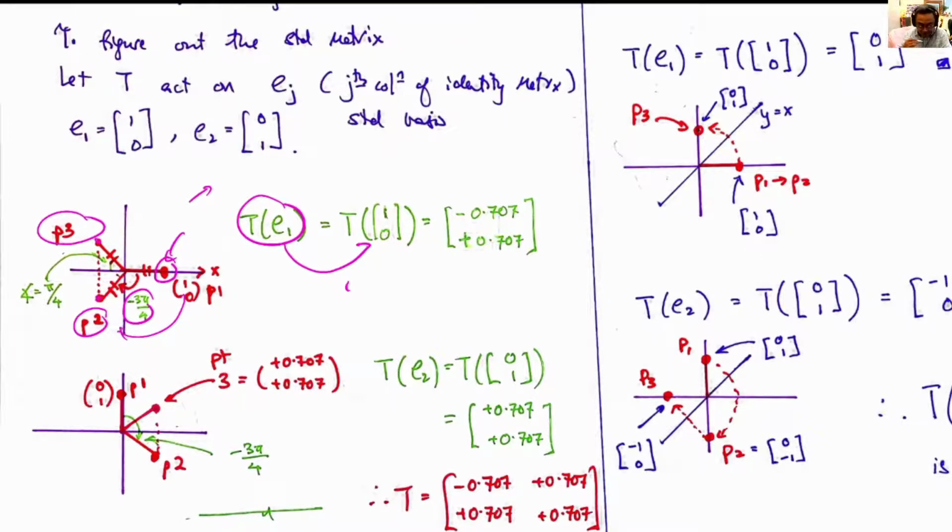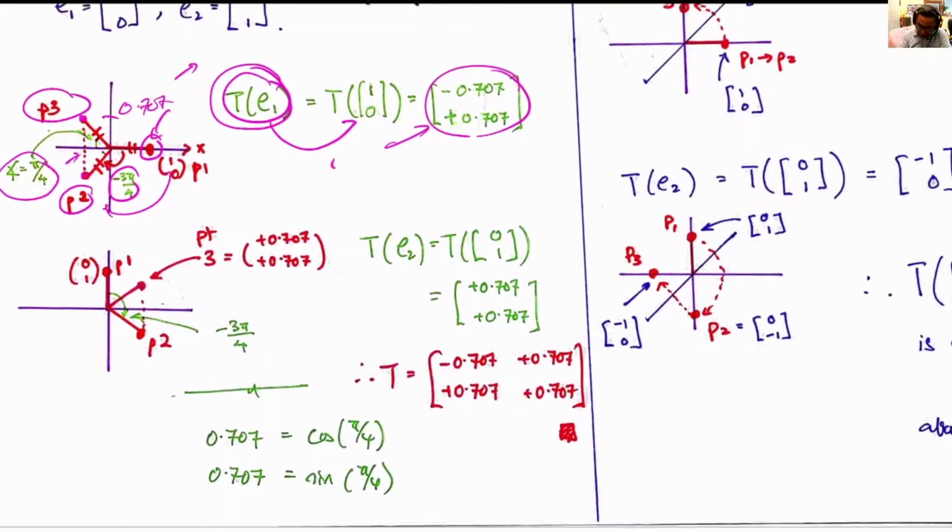When we reflect, the length of the vector does not change as well. And because when it reflects, we know exactly the angle, so we can calculate exactly where P3 is. So P3, you can find it as this point, which is minus 0.707 along the x-axis and plus 0.707 along the y-axis. So we have figured out T of E1.